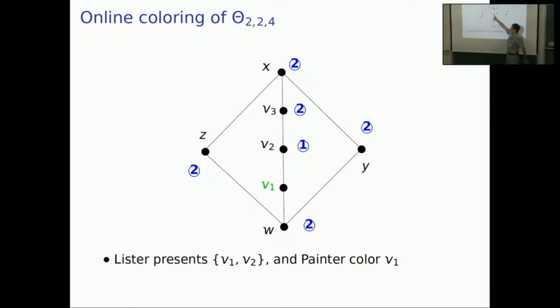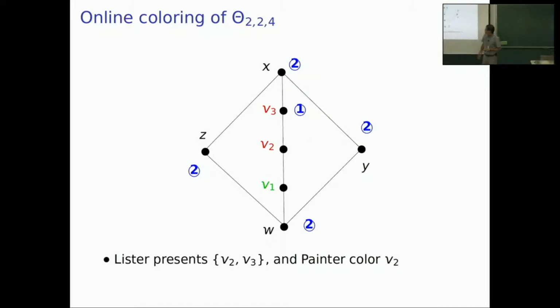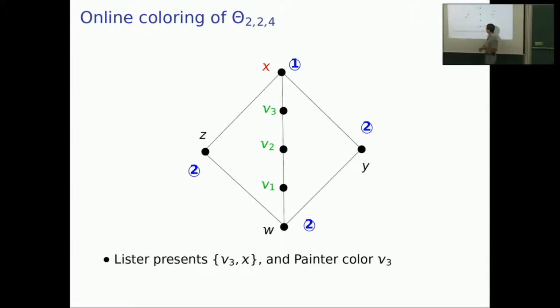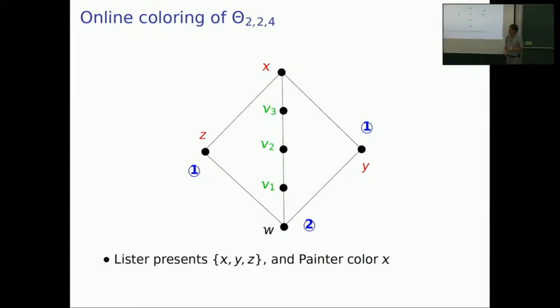Otherwise, later he cannot color V2. So now he has colored V1, V2, and then later the lister presents V3 and X like this. Then also the painter must color V3.